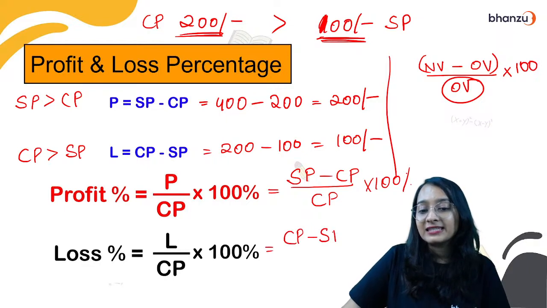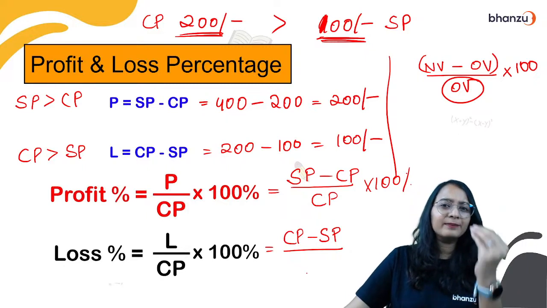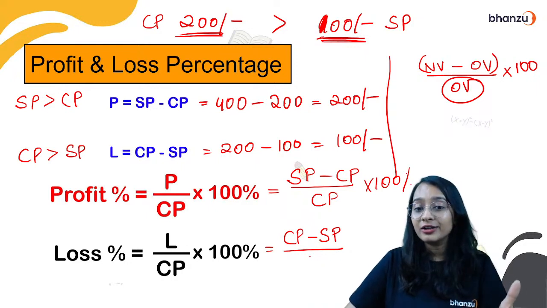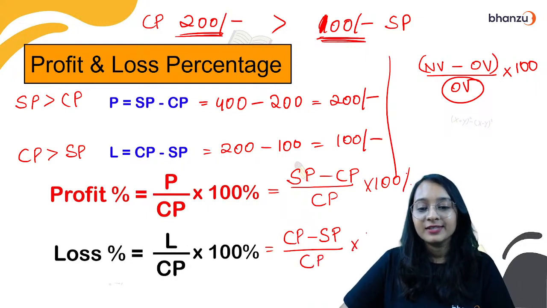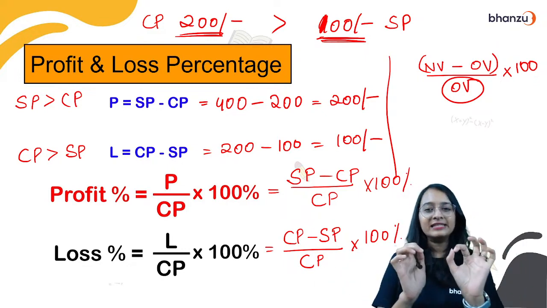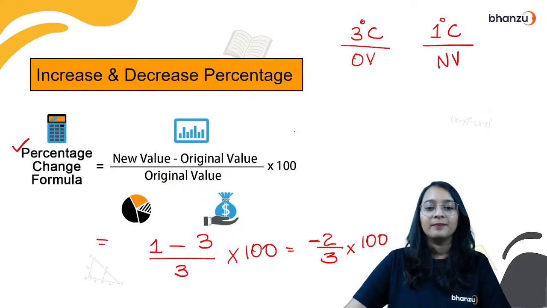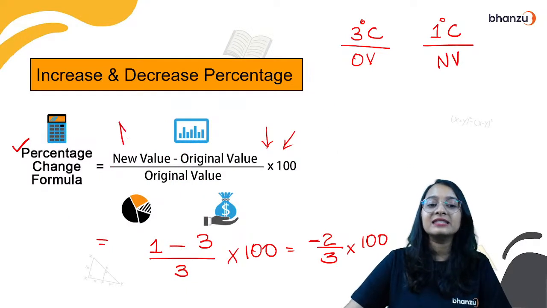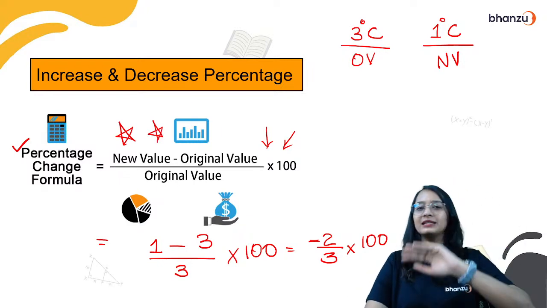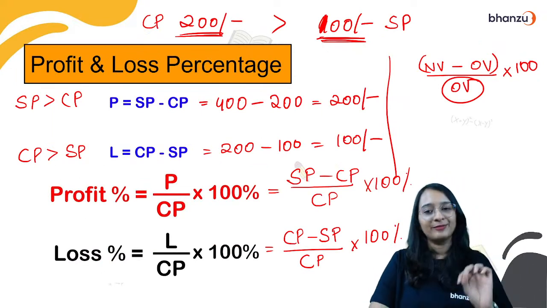CP minus SP divided by, again, whenever we are calculating anything, percentage increase, decrease, loss percent, profit percent, we're always going to calculate on the cost price. So that is just going to be this. Easy peasy, pizza cheesy. So just remember one formula, that is percentage increase, percentage decrease. You don't have to remember profit percent, loss percent and CP, SP separate formulas. You can derive from the same.